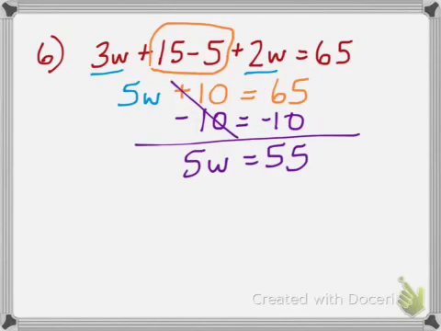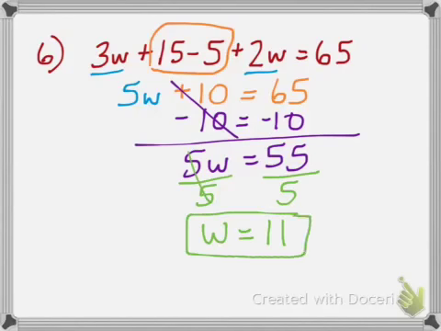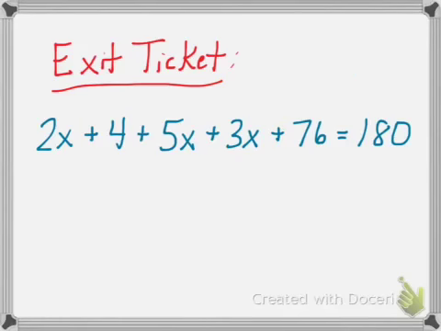And then my last step, in order to isolate w, is to divide by my coefficient, which is 5. So I'm left with w equals 55 divided by 5, which is 11. So w equals 11. Quick mental math check: 5 times 11 is 55 plus 10 equals 65. So I know w does in fact equal 11.